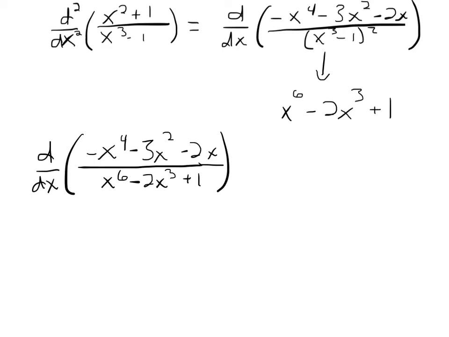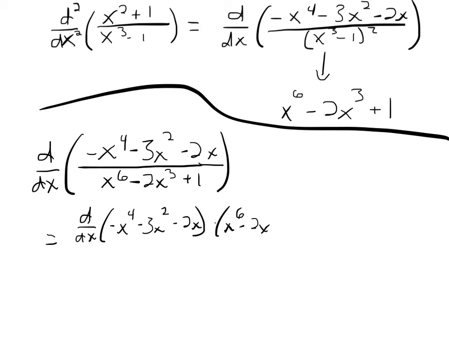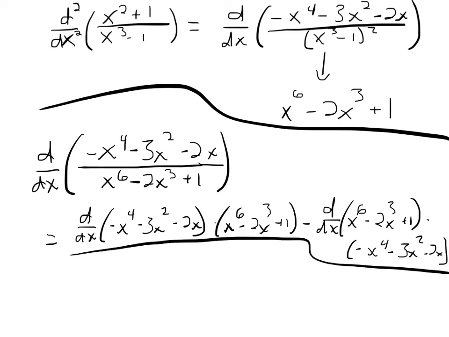So to do this, we take the derivative of the numerator times the denominator minus the derivative of the denominator. I am running out of space. Times the numerator all over the denominator squared.